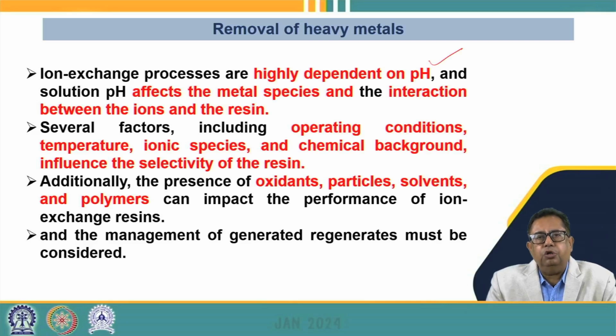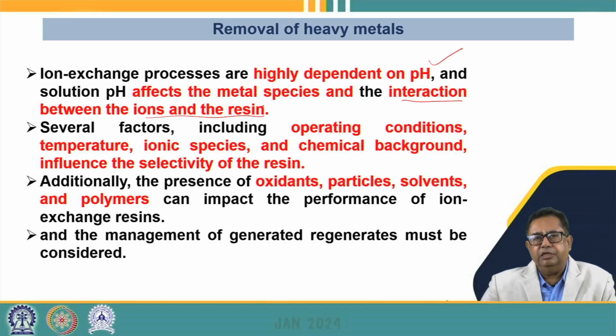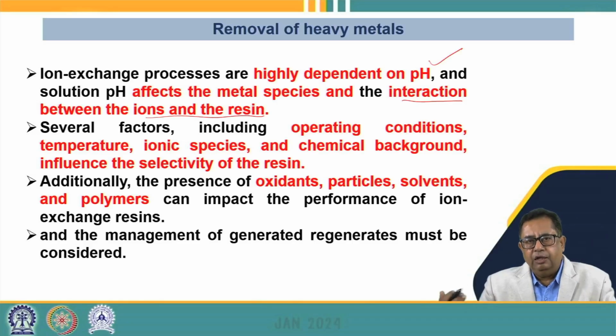Similarly, the pH also affects the metal species, in which form they are present. And this impacts the interaction between the ions and the resins, in the sense that pH affects the metal species, and pH also affects the efficiency of the resin. So depending upon the pH, the interaction of ions and resin will also be impacted.